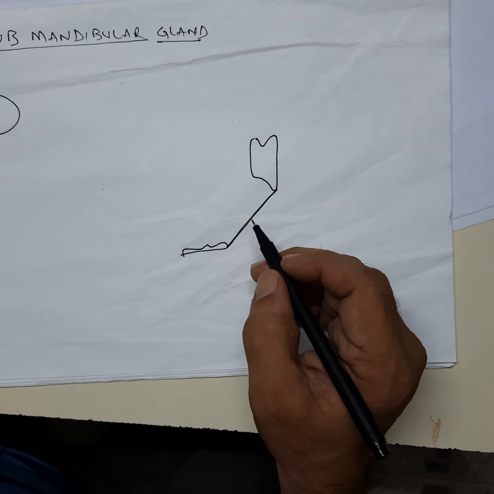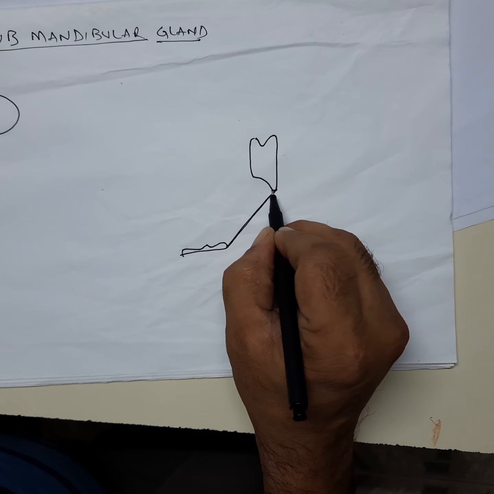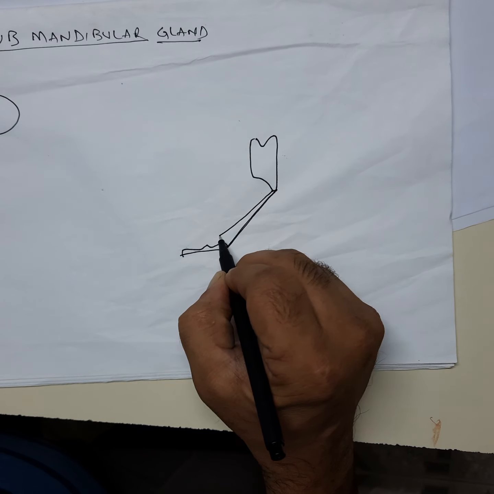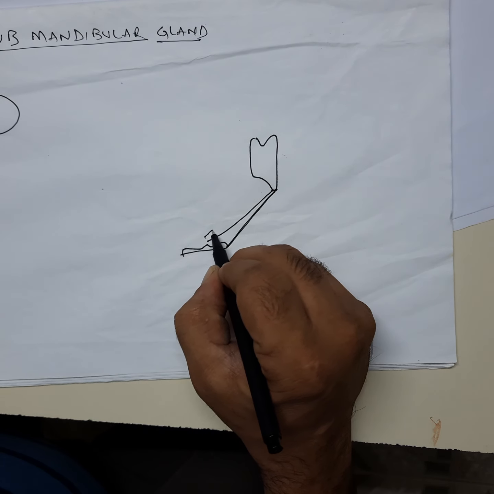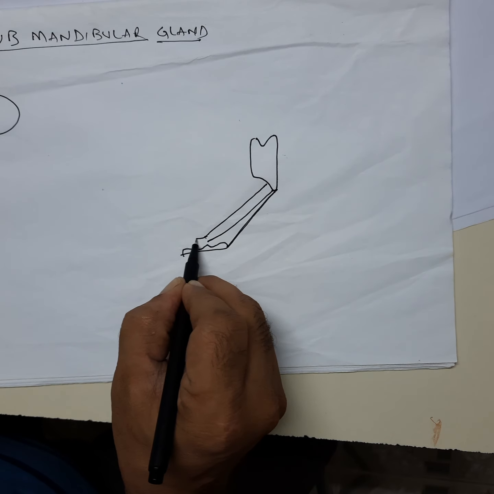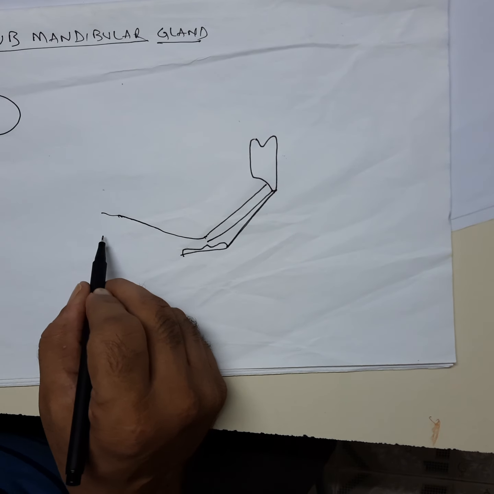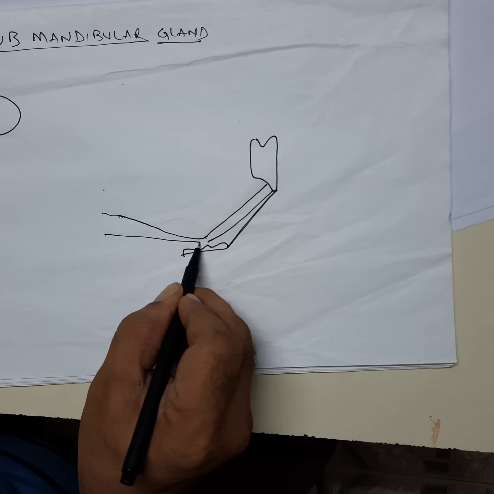The anterior belly of the digastric originates here, and both bellies join by an intermediate tendon and the posterior belly goes to the mastoid process like this.